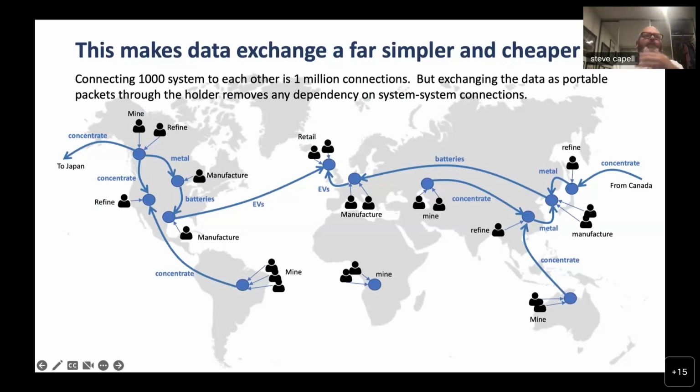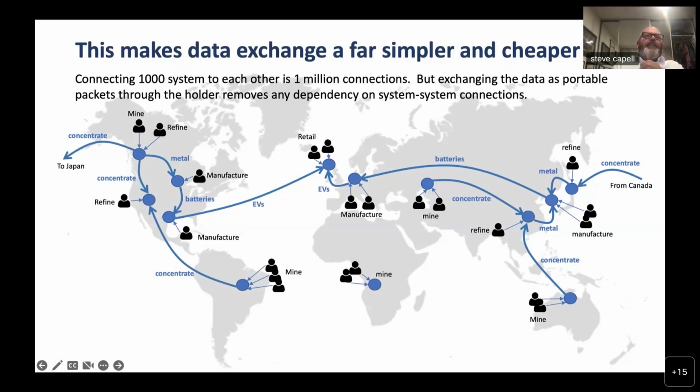The actors in this supply chain need to exchange data between themselves across national boundaries and across industry sectors quite often. And the systems are not necessarily aware of what the next system is. And so it becomes very difficult to achieve this level of integration by connecting systems, because if there are 1,000 systems, that's plausibly 1 million integrations between different systems.